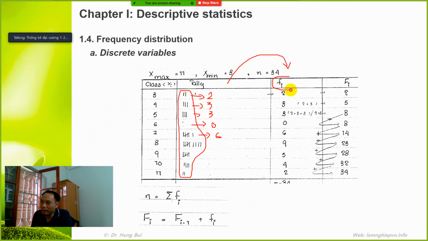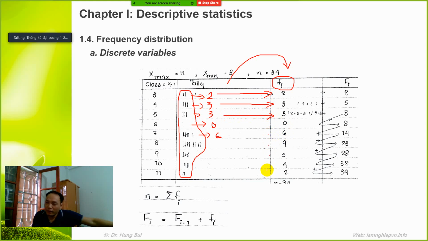For Fi, it is frequency. So we just take this result and write it down, 2, and take the result and write it down, 3, and take this one and write it down, 3, and so on. So do it.